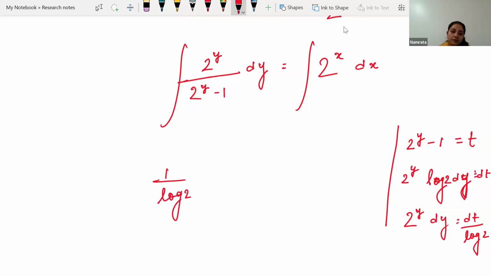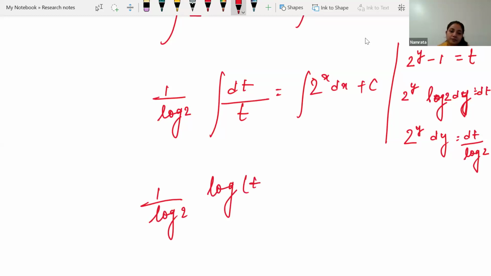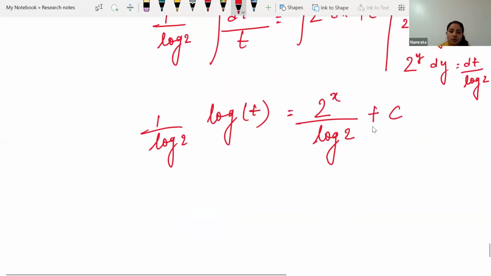1 by log 2, this became dt over only t is equal to 2 to the power x dx plus the constant of integration. So 1 by log 2, this became log of t, is equal to the integral of a to the power x, which is a to the power x by log a.